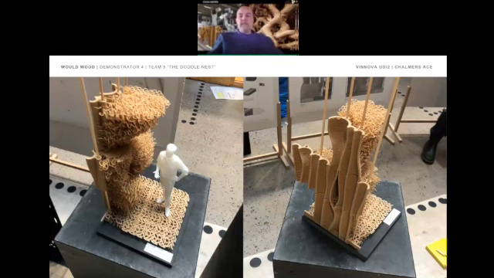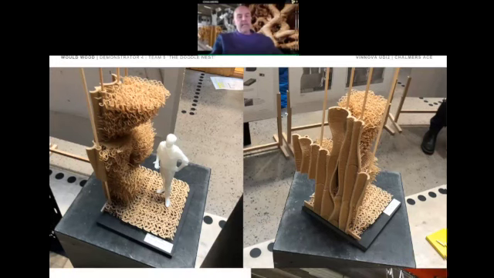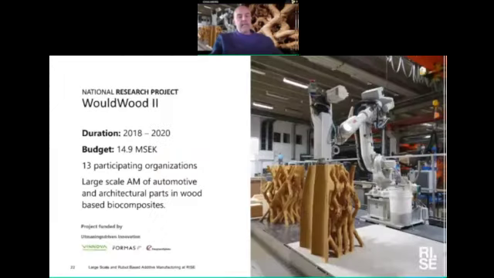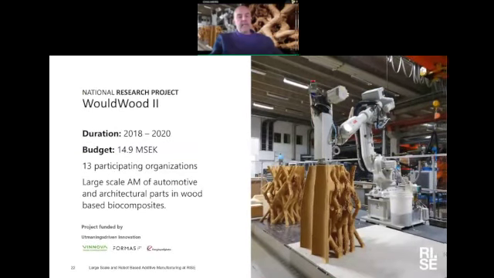And then we scale these experiments up as part of the Wood 2. It's actually, yes, it's called National Research Project. It's more of an innovation project which is funded by Vinnova and Formas and the Energimyndigheten.